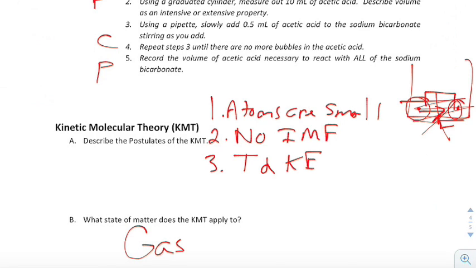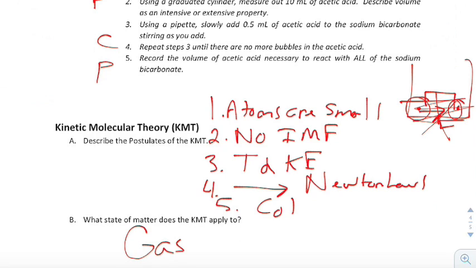In other words, when you increase the temperature, the molecules themselves move faster. Next, the atoms move in straight line motion according to Newton's laws. And finally, collisions are elastic, which means they bounce. So molecules bounce off one another, elastic.